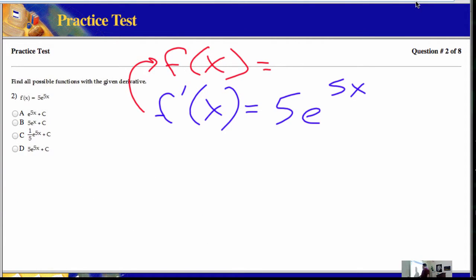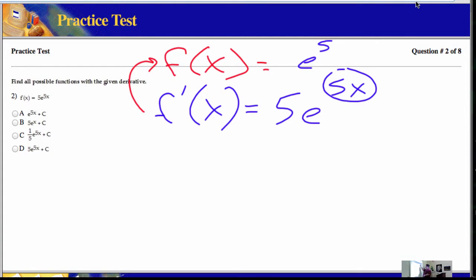So what is this? We know that the derivative of e to the x is just e to the x. But somehow I have to get this, because this is 5x, that means the 5 is there. So I know that I'm going to have e to the 5x.